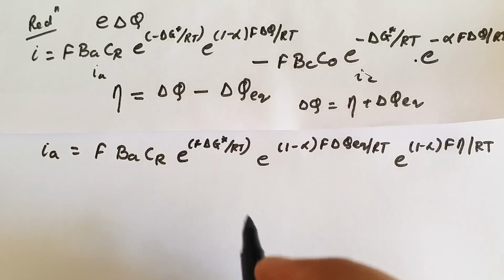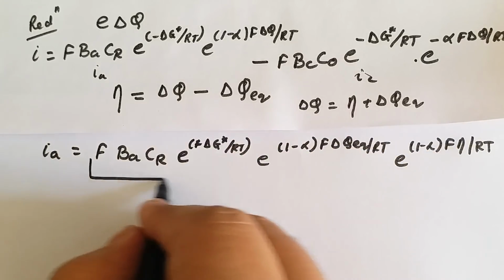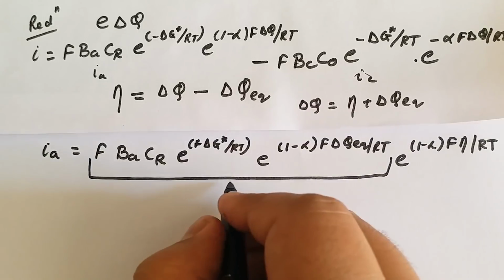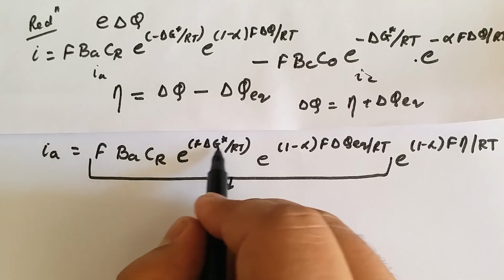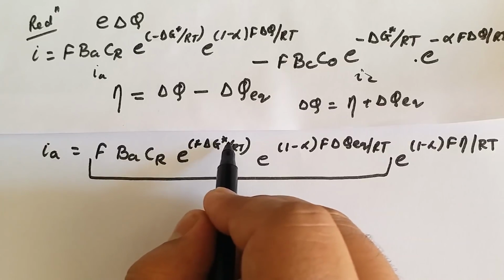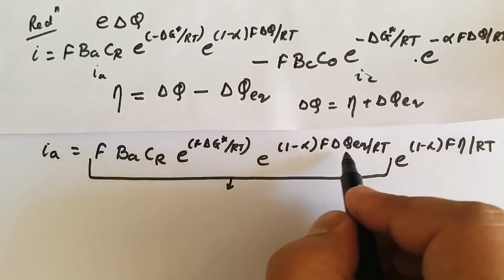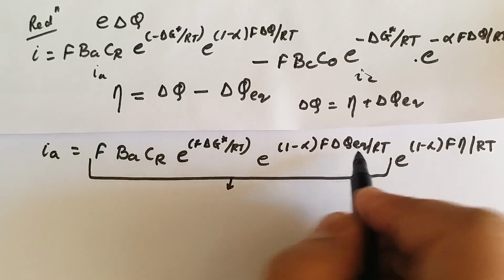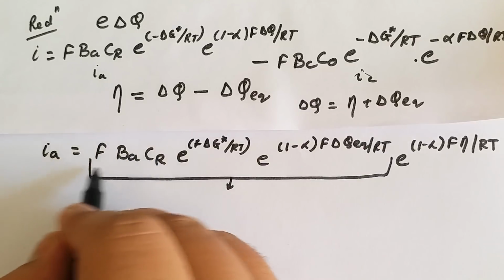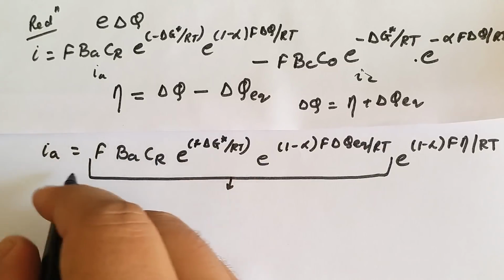When we examine all these terms, ΔG* is our activation energy under equilibrium condition, this is our equilibrium potential, and this is our rate constant, and the others are also under equilibrium condition.